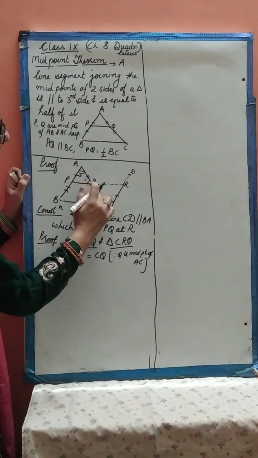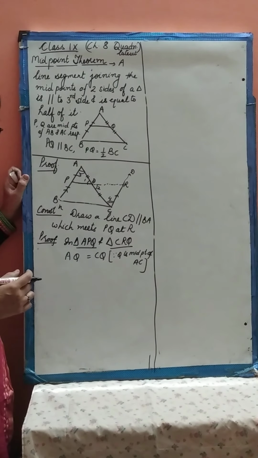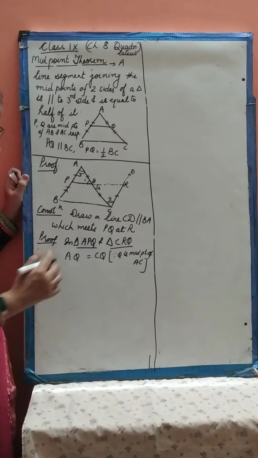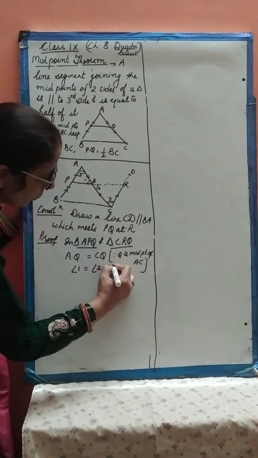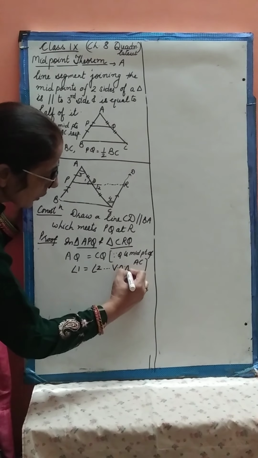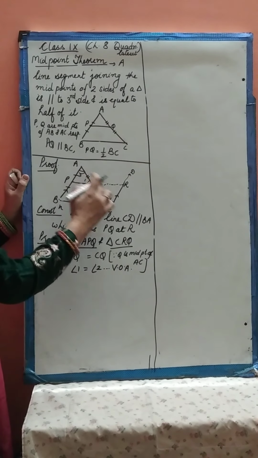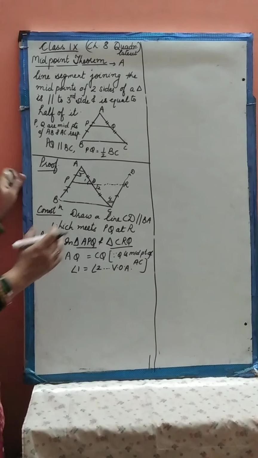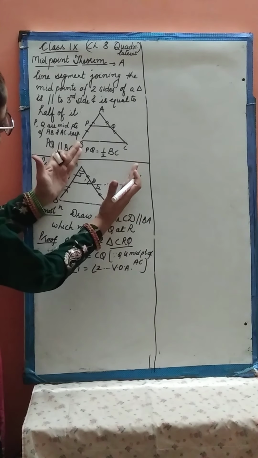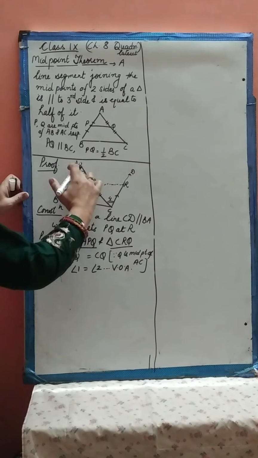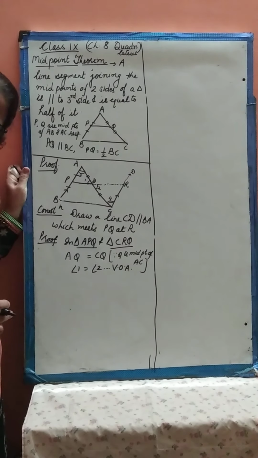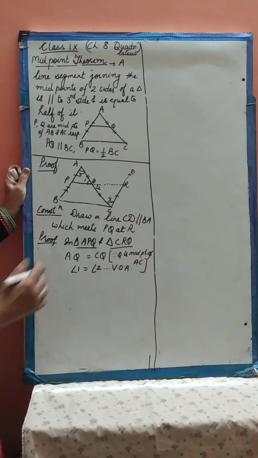Next thing is angle 1 is equal to angle 2. Why? Because they are vertically opposite angles. Angle 1 is equal to angle 2, vertically opposite angles, and angle 3 is equal to angle 4. Why? By construction these two are parallel lines. AC is transversal, so angle 3 is equal to angle 4 because they are alternate angles.